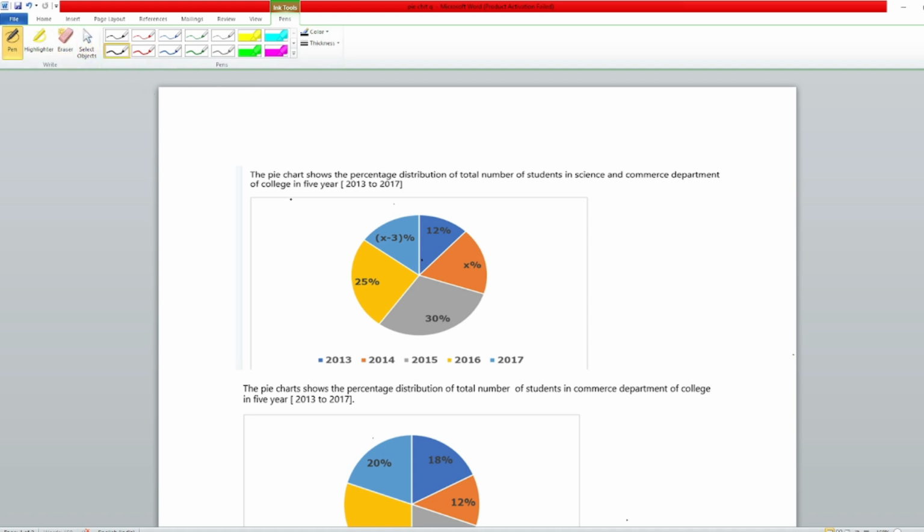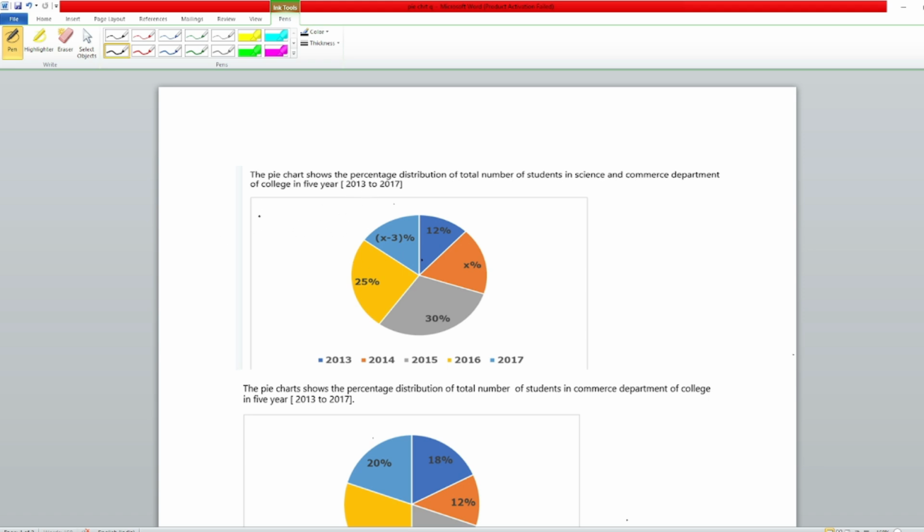Here we are given two pie charts. The first pie chart shows the percentage distribution of the total number of students in science and commerce departments of a college in 5 years, that is 2013 to 2017.